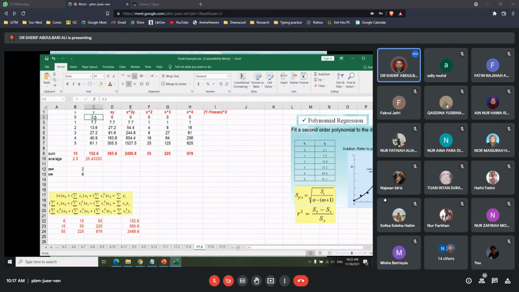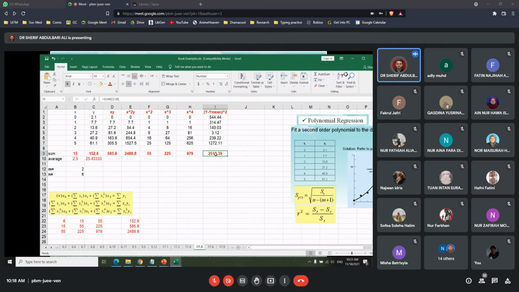So 2.1 minus the y mean, which is 25.4, squared. You will get the answer 544.44. So 7.7 minus 25.4, squared, you will get the answer of 314.4. Again, continue the same to find all the values and find the summation of the st.